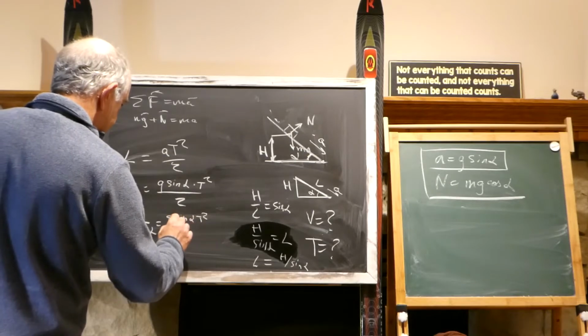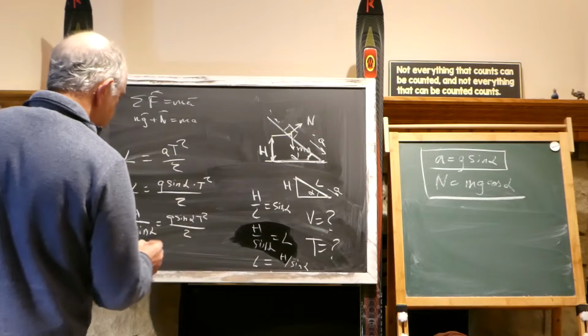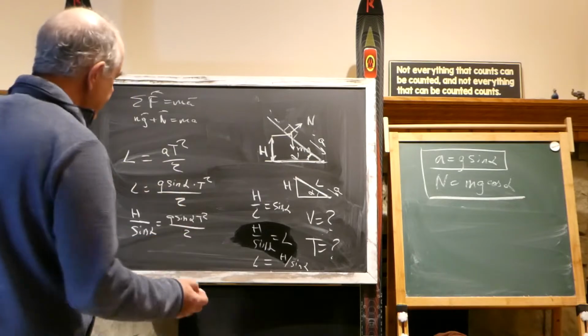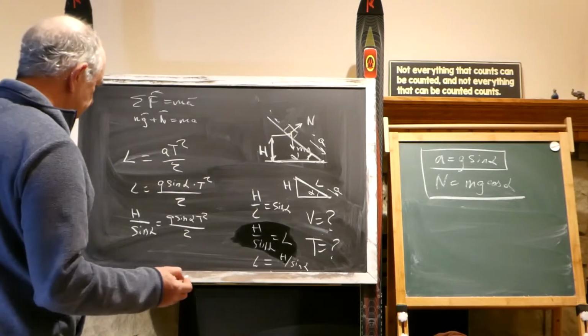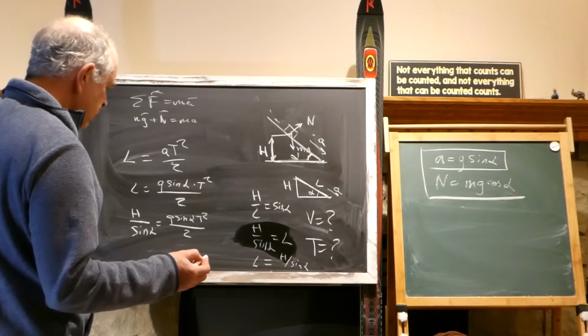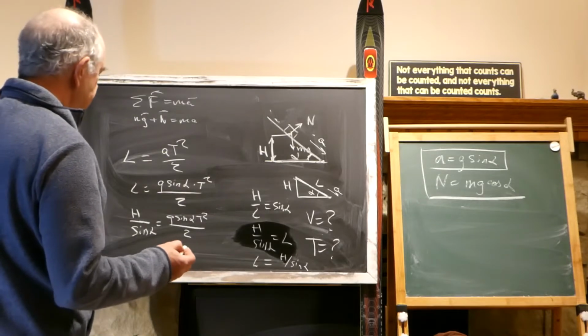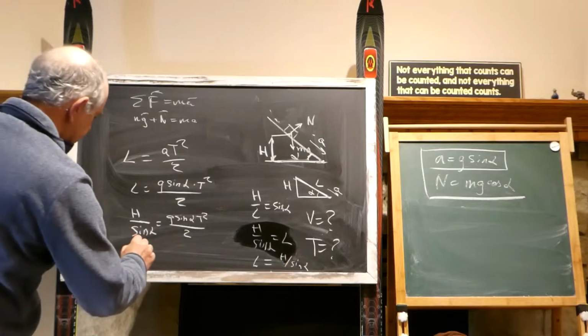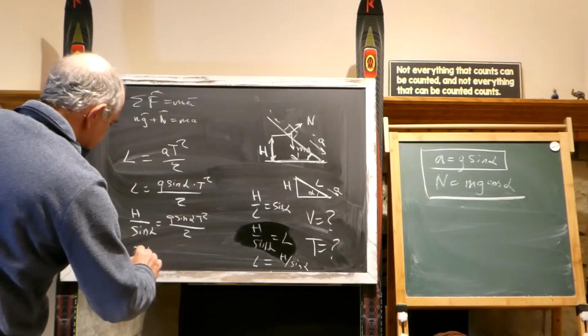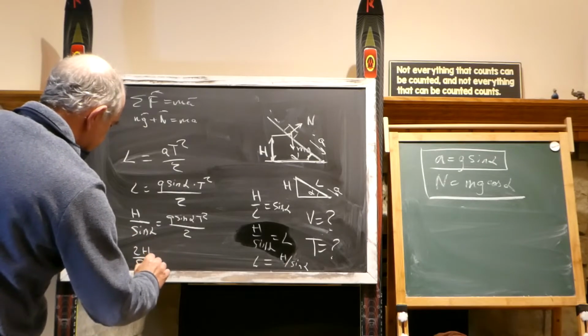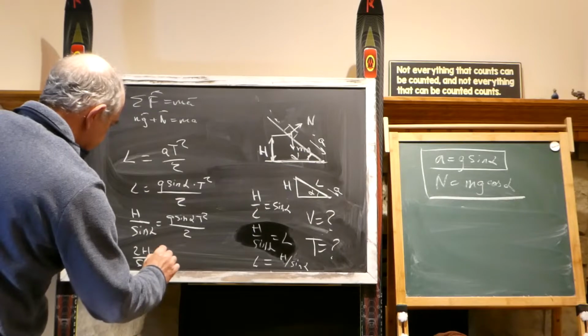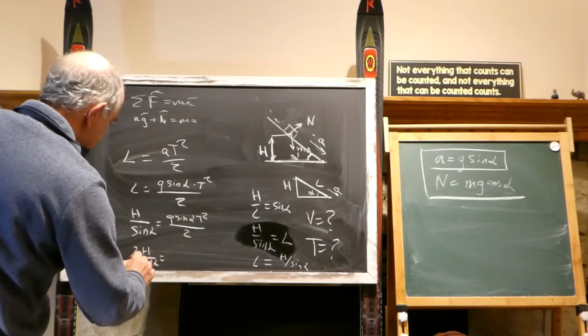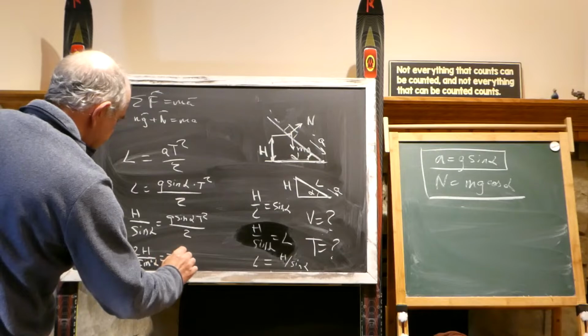And now they want us to find t, so let's find t. That's quite simple. I have 2h divided by sine squared alpha equal to g times t squared.